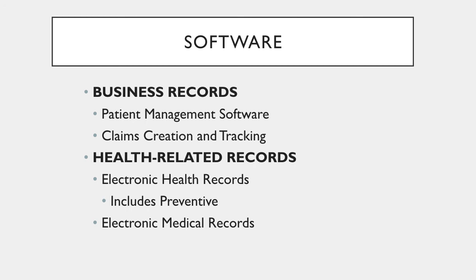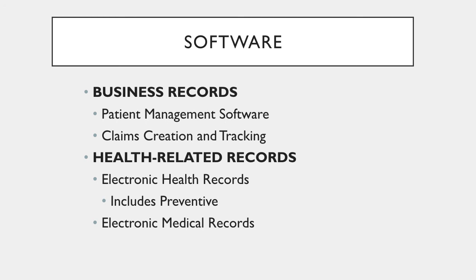The business record systems, known as the patient management software, and there are also maybe separate claims creation and tracking software, which must, in some format, merge or communicate with the health related records, which would be known as your electronic health records.